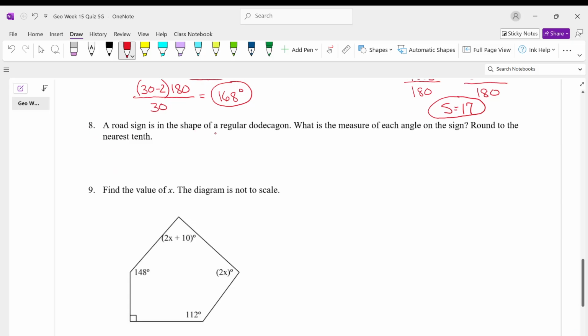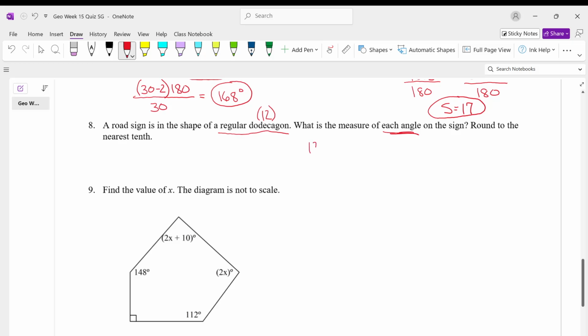Number 8, a road sign is in the shape of a regular dodecagon. All right. What is the measure of each angle of the sign, round to the nearest tenth? Dodecagon, that's got 12 sides. So in this case, we need each angle, same as the previous problem.